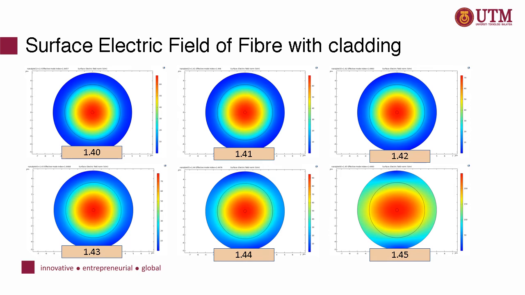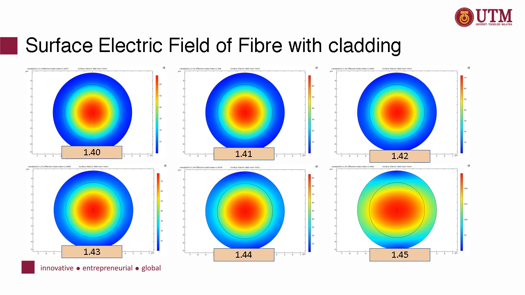And the diagram below shows the surface electric field of fiber with cladding. So for the understanding purpose, we need to know that the red color region shows the highest wavelength where the main optical light focus at, and the evanescence light wave slowly spreading out until the blue region where there are least light spreading.